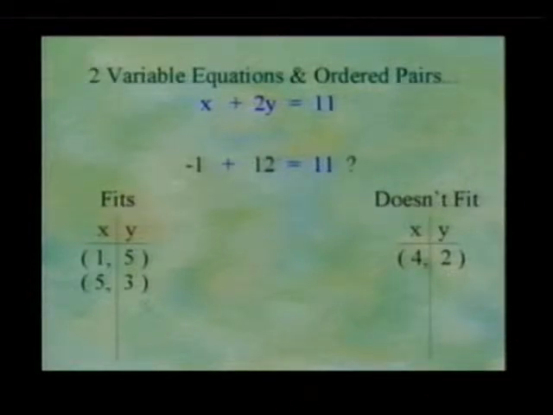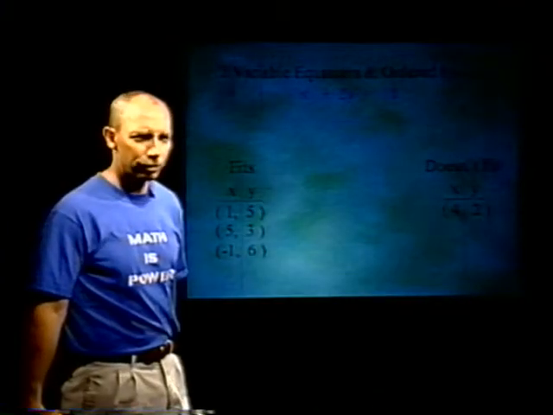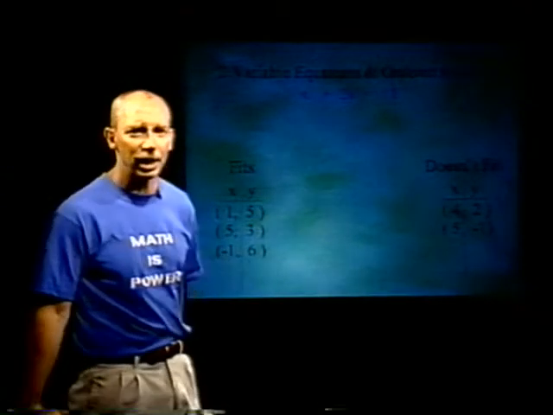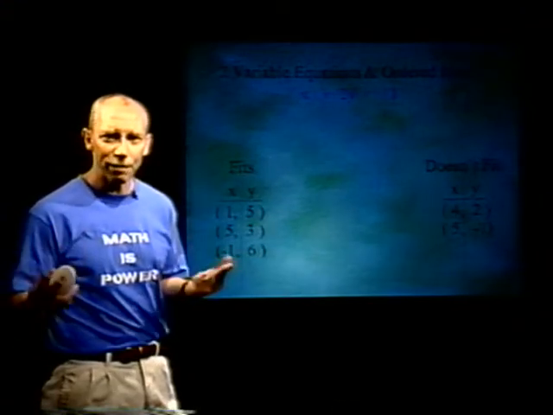So this one does fit. Okay, let's look at one more. (5, -1). That doesn't mean that all the negatives fit. 5 in for x, -1 in for y. 2 times -1 is -2. This isn't even close. 5 plus -2 doesn't work. So it doesn't fit.